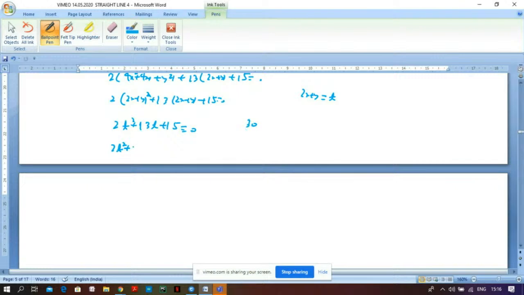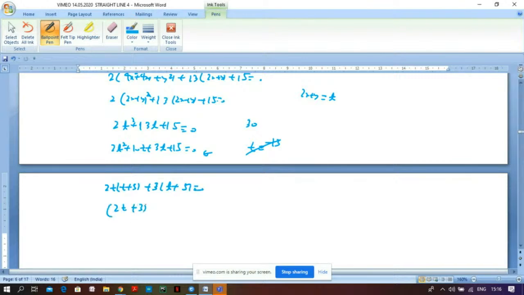So 2t squared plus 10t plus 3t plus 15 equals 0. Or we could have done t equal to minus 13, but this is preferred first. So now this is 2t times (t plus 5), plus 3 times (t plus 5) equals 0. So I can write (2t plus 3) times (t plus 5) equals 0.